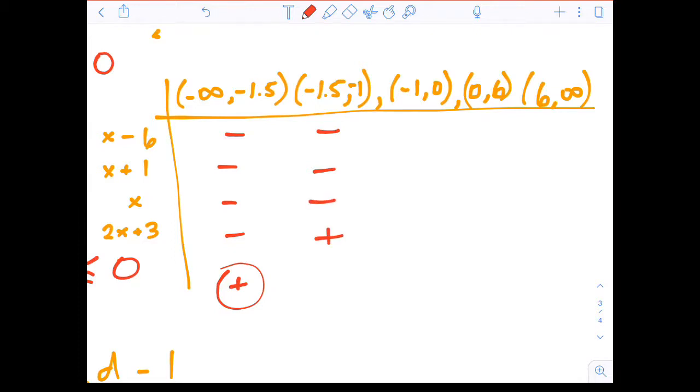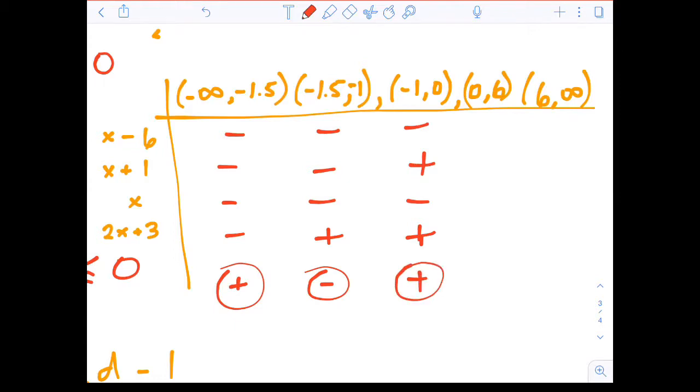Which will give me a value like 3 negatives and a positive results in a negative. Then a number between -1 and 0, like -0.5. So if I put that in, that's a positive. 2 negatives cancel out, we get a positive result there.